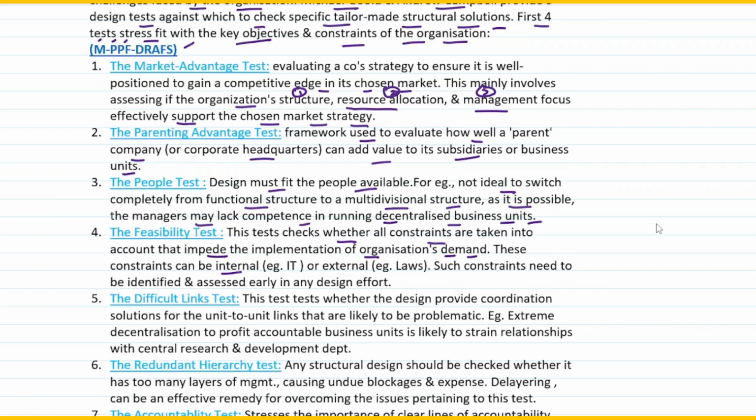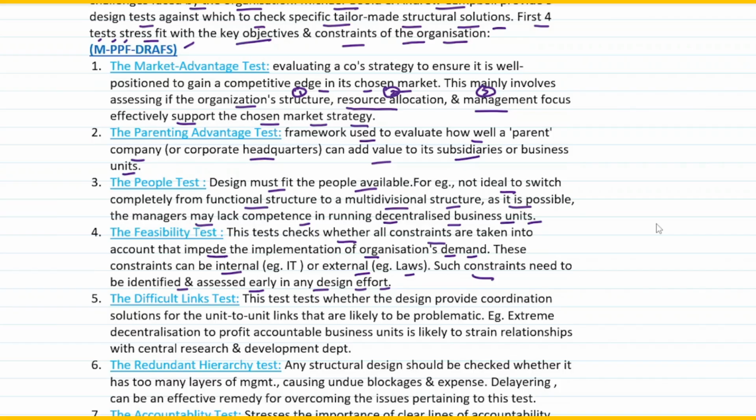So these constraints can be either internal, for example, an IT department, or external, say the laws which are governing the company, right? So that's what should be kept a check on. So these are the constraints basically. Such constraints need to be identified and assessed early in any design effort. So basically this test is concerned with the constraints. So if I talk about constraint test, it is basically the feasibility test. Now what it can do is, it can basically hinder the implementation of organization demand.